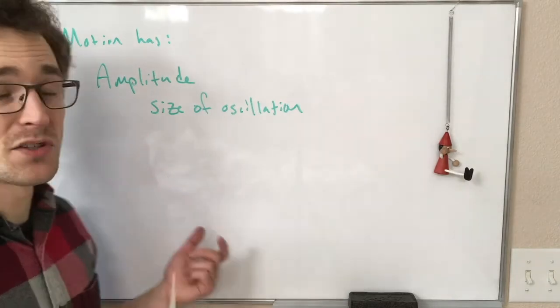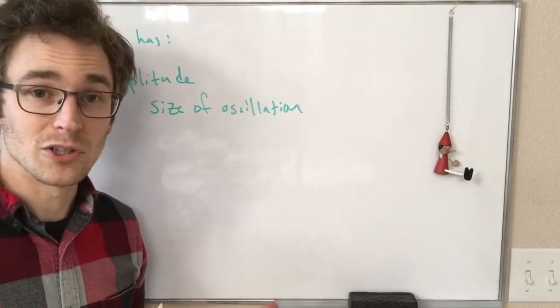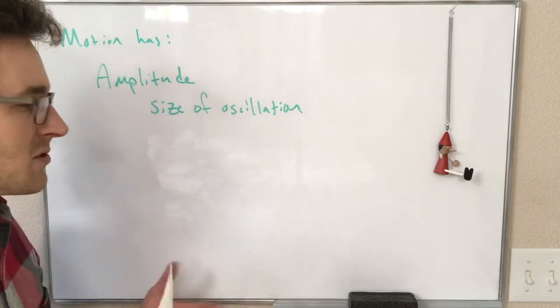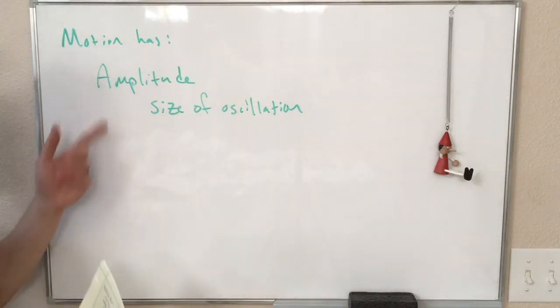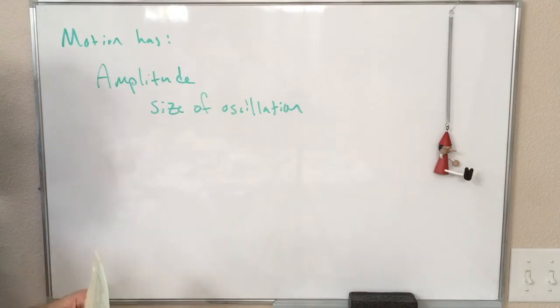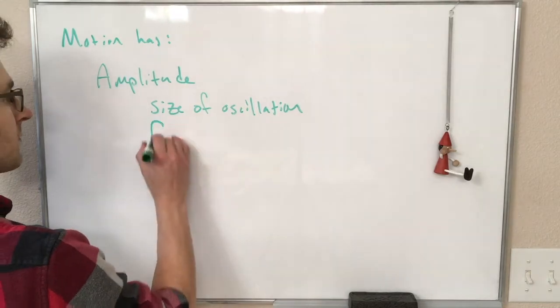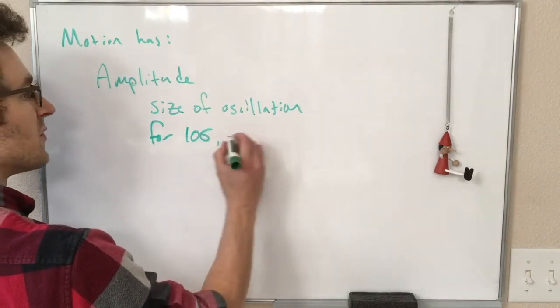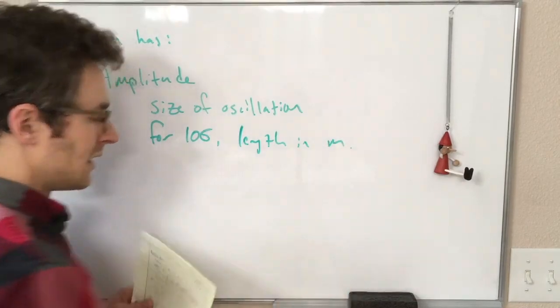There are other oscillations where you might measure the amplitudes in some electrical units or magnetic units, depending on what kind of physics you're looking at. But in this class, our amplitude, the size of our oscillation, is generally going to be a length in meters. So for Physics 106, this will be a length in meters.